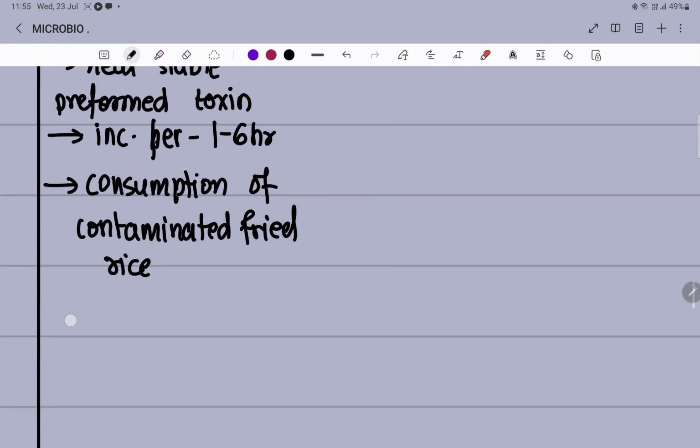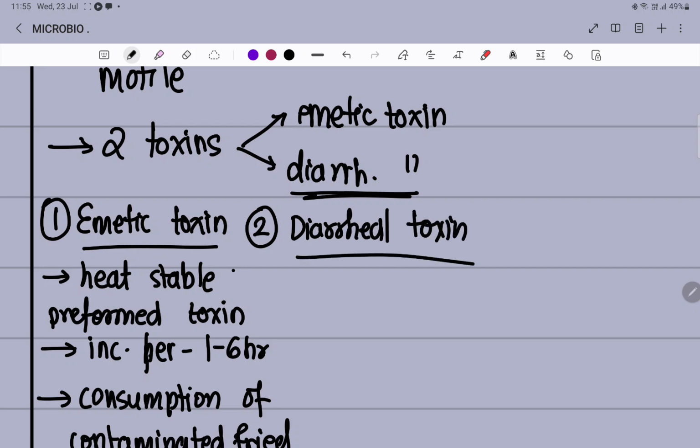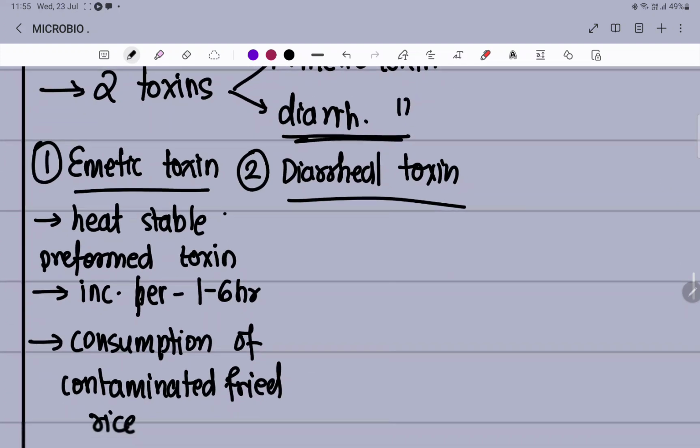There is a second toxin that we talked about just now, that is diarrheal toxin. So we will write about it. The organism secretes diarrheal toxin only after entering into the intestine. So therefore it acts late.